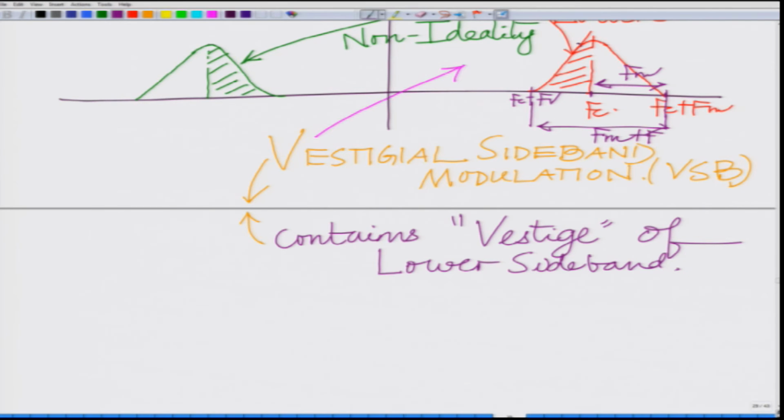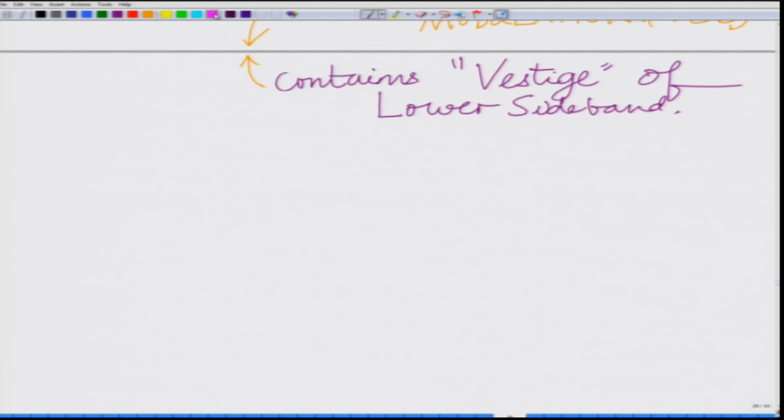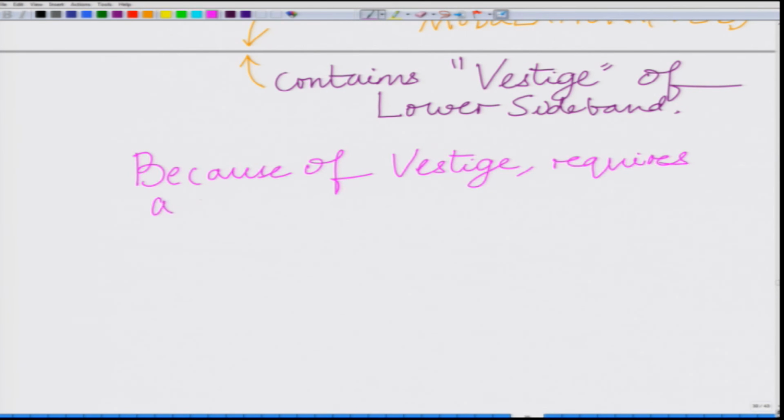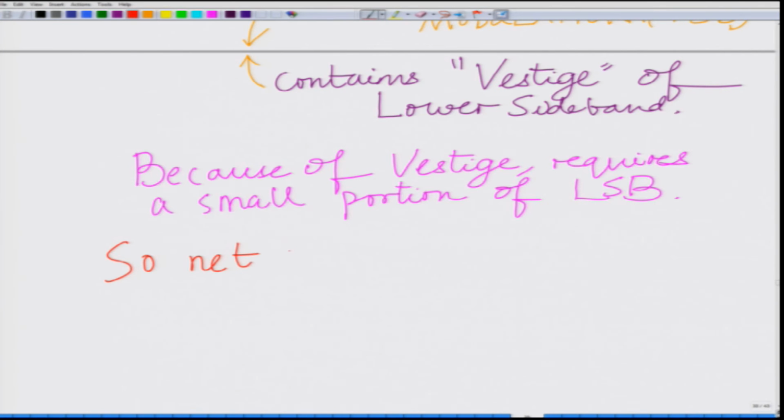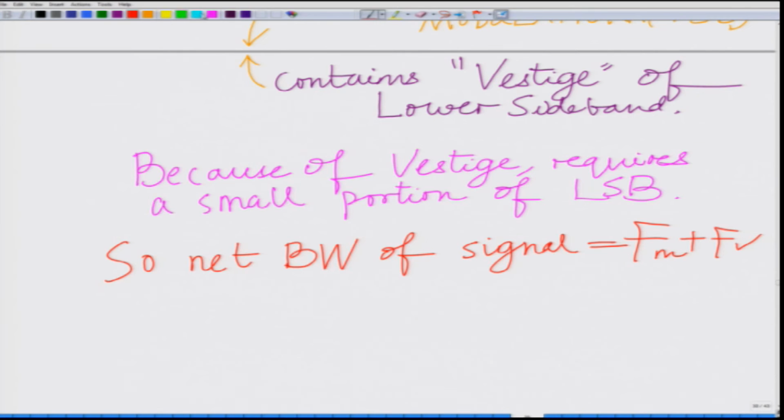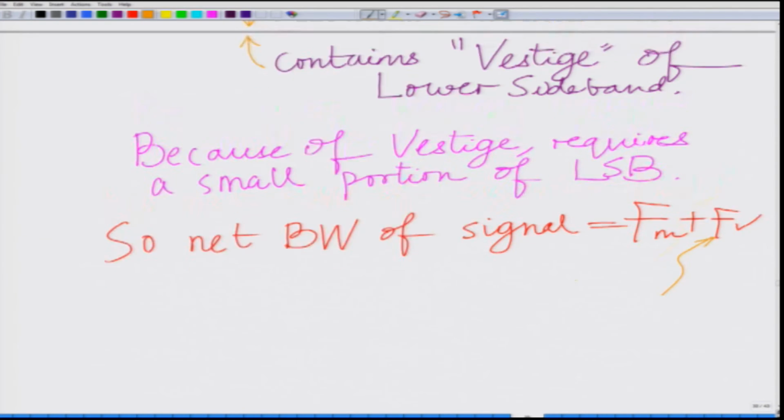Because of the vestige, that is a small portion of the LSB, you require more bandwidth. So, the net bandwidth of the signal equals Fm plus Fv, where Fv, remember, is the bandwidth of the vestige.